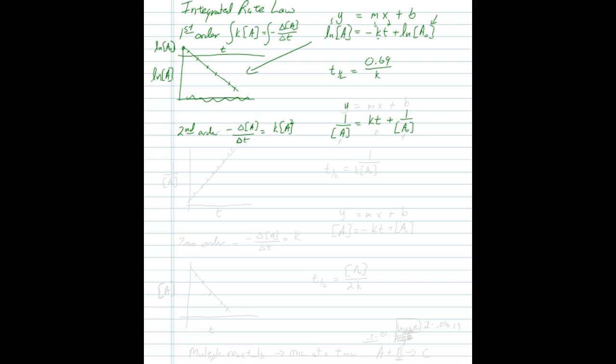Again, this corresponds to y equals mx plus b. Notice that the slope is positive. Here's your time, and here's your graph of 1 over concentration, and your graph looks like this.